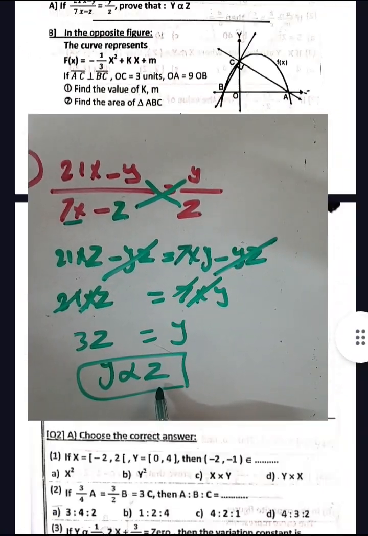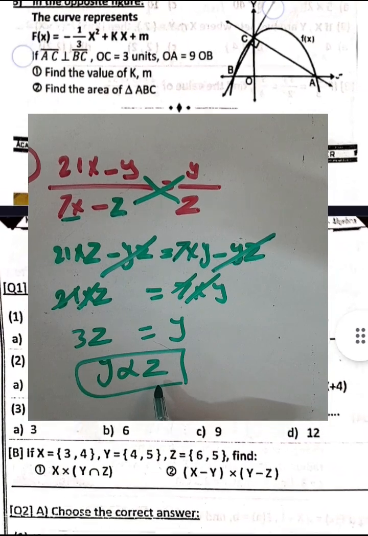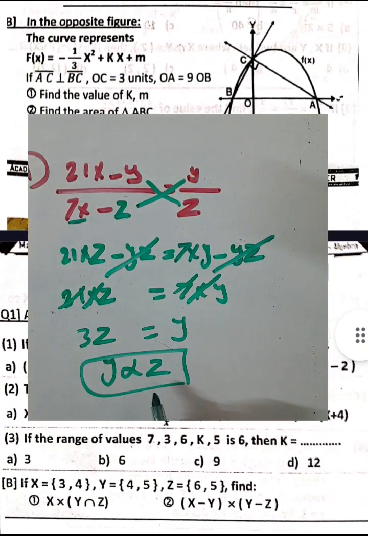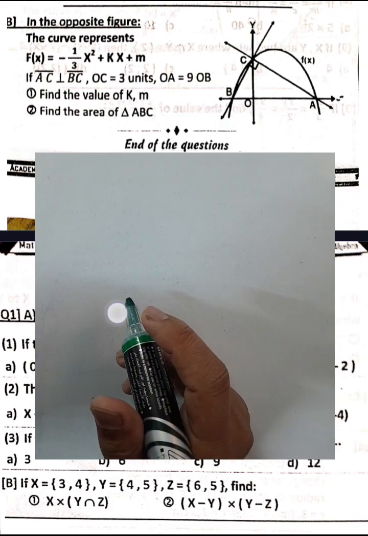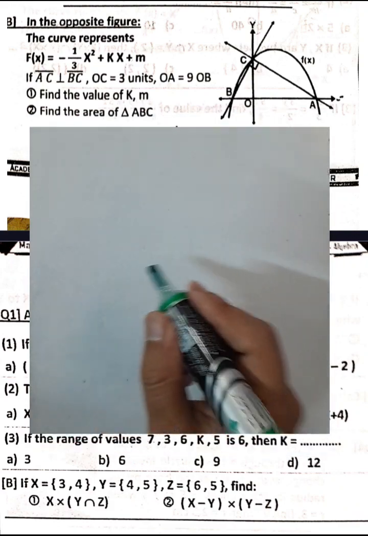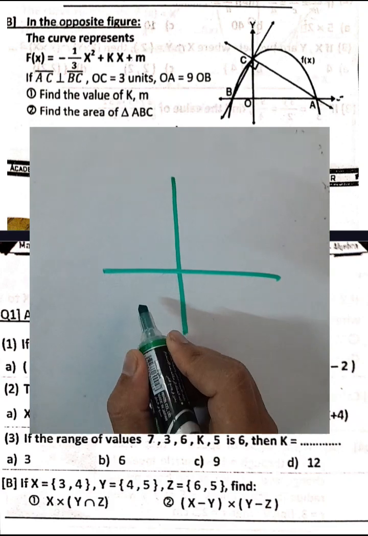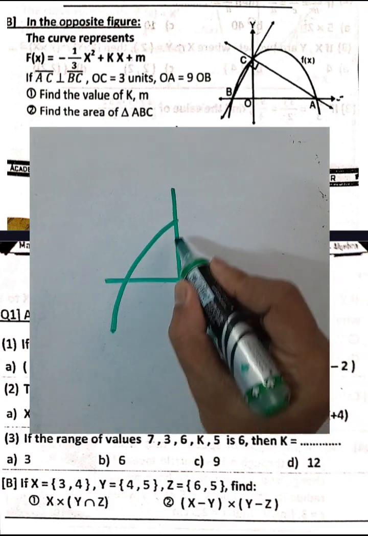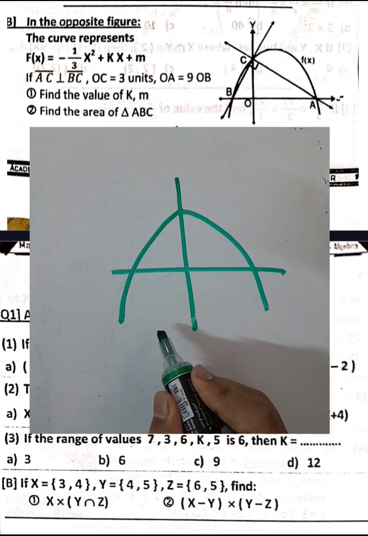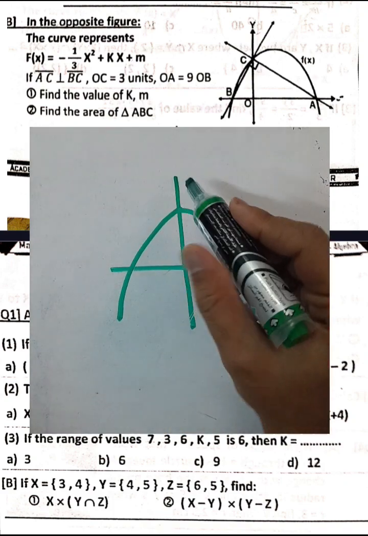Next question. We have the curve here and a straight line passing through 2 points.